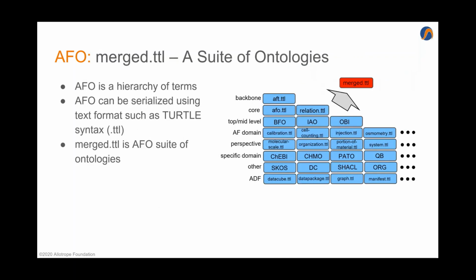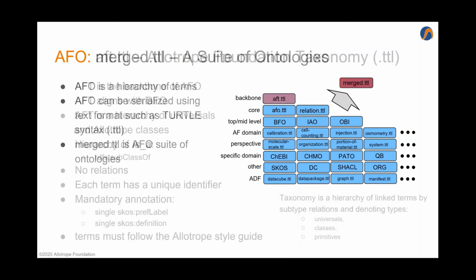So AFO altogether is a hierarchy of terms. AFO can be serialized using the Turtle syntax, and the merged TTL is the AFO suite of ontologies. And we see here a partial list of the suite of ontologies that comprise the AFO.